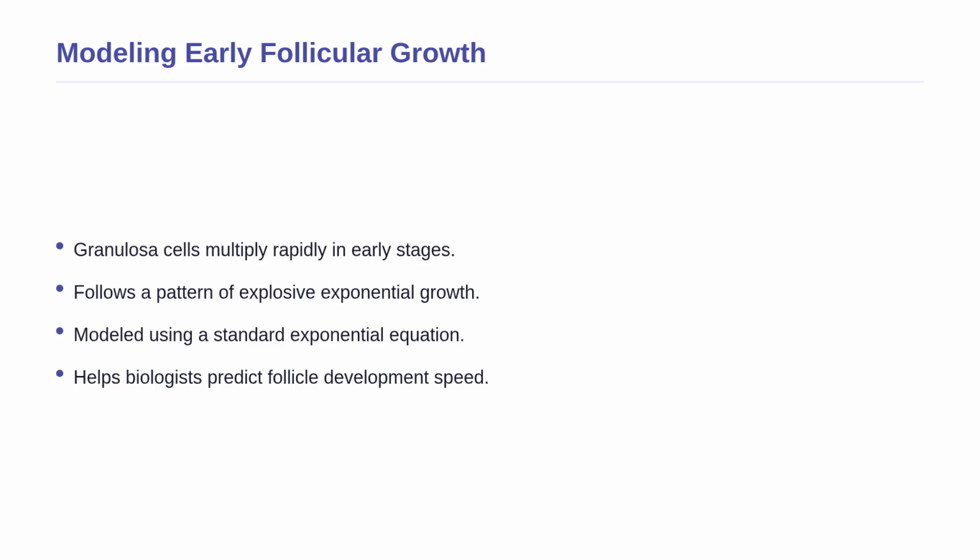During the early stages of folliculogenesis, the supportive granulosa cells multiply rapidly in a pattern known as exponential growth. We can model this explosive cellular proliferation using a standard exponential growth equation. This mathematical model is incredibly useful because it helps biologists and researchers predict exactly how quickly a follicle is developing over a specific period of time.